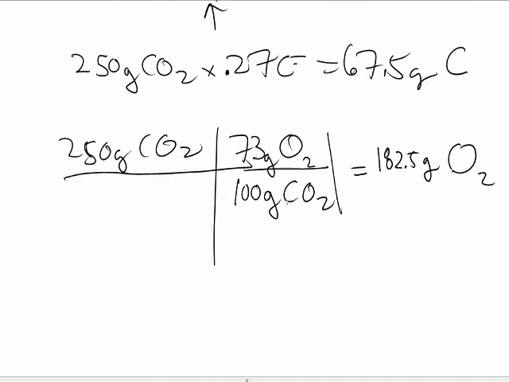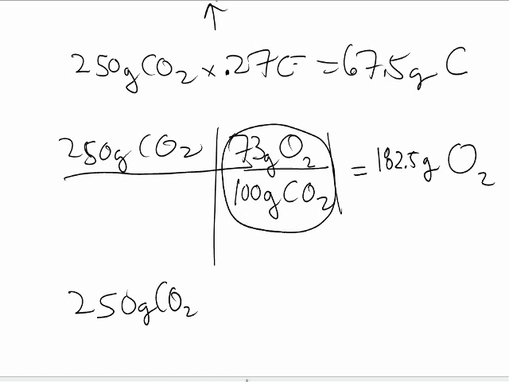And again, this comes out to be 0.73 anyway, so we could have just multiplied 250 by 0.73 to begin with, and we would have got the same thing.